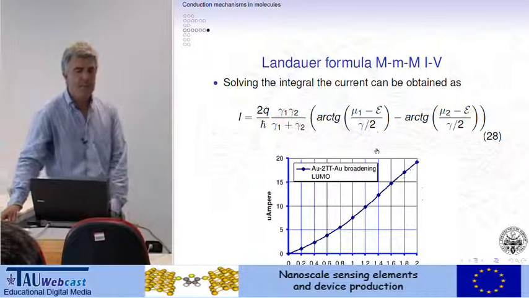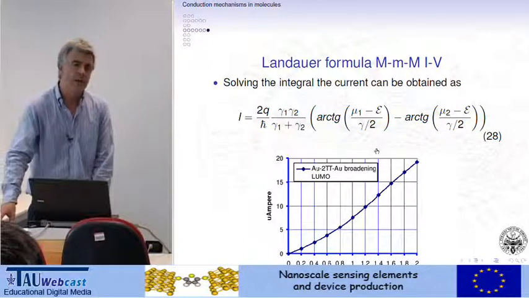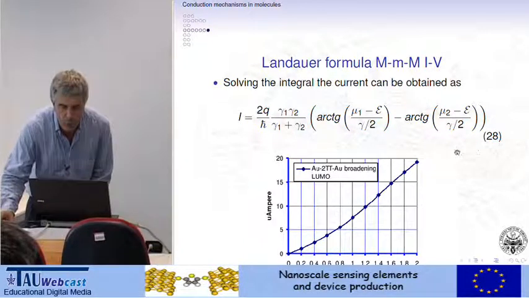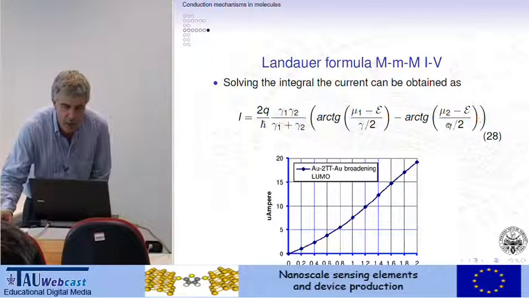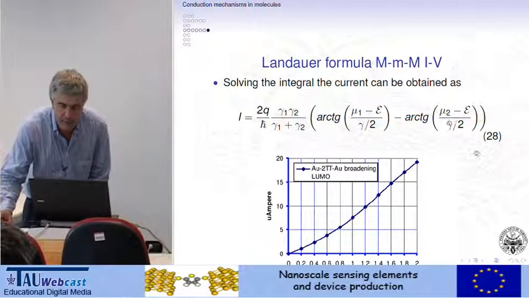The problem is the result is not perfect. We have to fix all these parameters, because we have to fix gamma 1 and gamma 2 for the interfaces. We have to understand the right value for gamma to take into account the broadening.